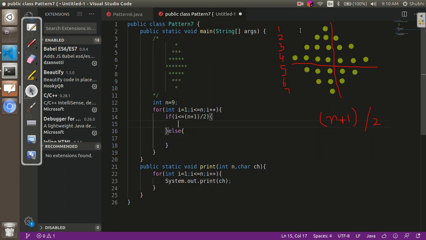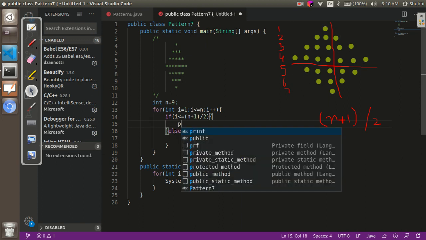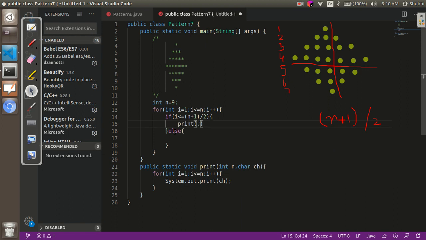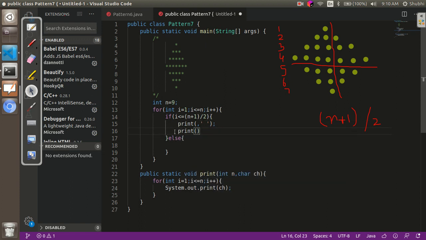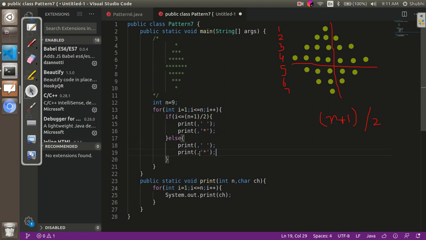Now for both sides, the top half and the bottom half, we can see that first some spaces are to be printed and then the characters are to be printed. So over here first we will print some amount of spaces and then we have to print some amount of characters. And the same thing has to be done for the second half.